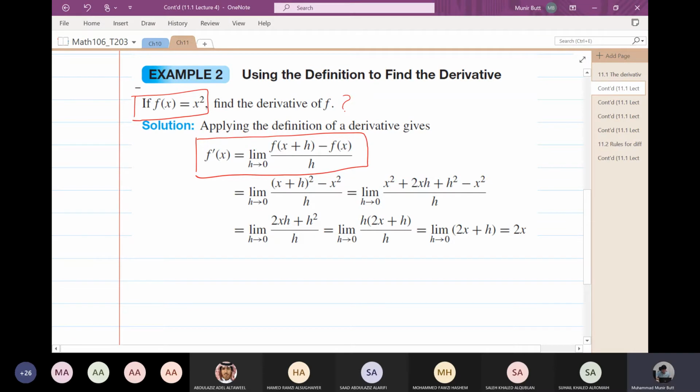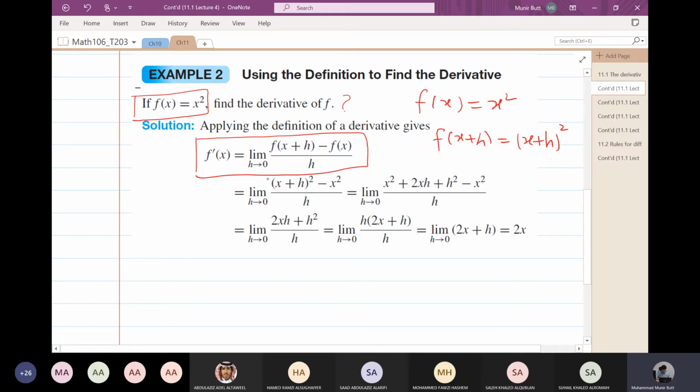Since we have f of x equal to x square, what will be f of x plus h? Just replace x by x plus h, so it will be (x plus h) square. So f of x plus h is (x plus h) square, and minus f of x is x square.